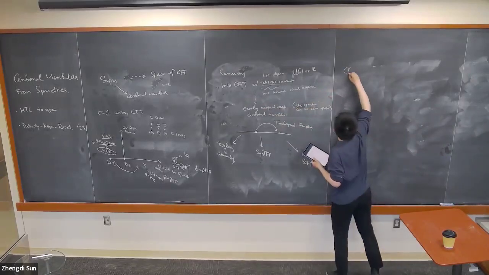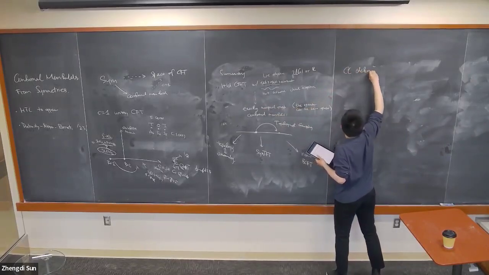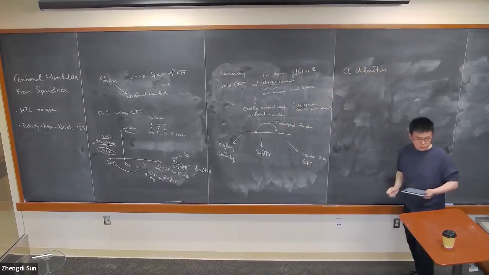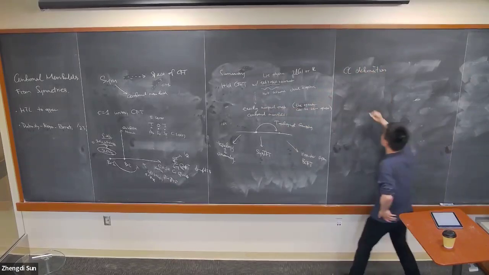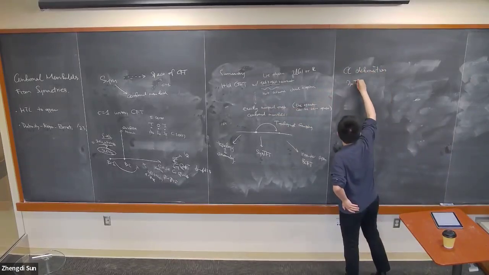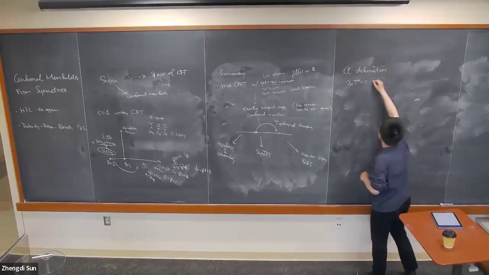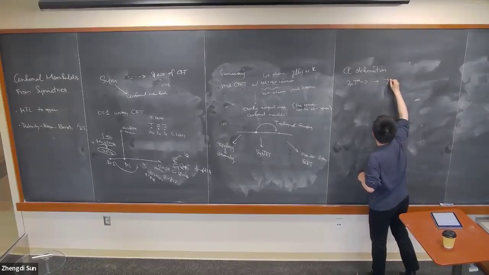So what are current deformations? The idea is the following. Let's consider conserved currents in 1+1D. Then one can show, using conformal symmetry, that this current would have dimension equal to 1.